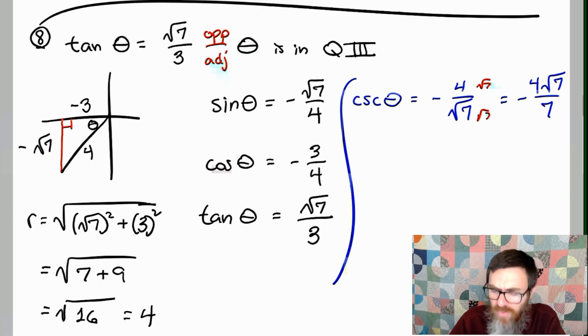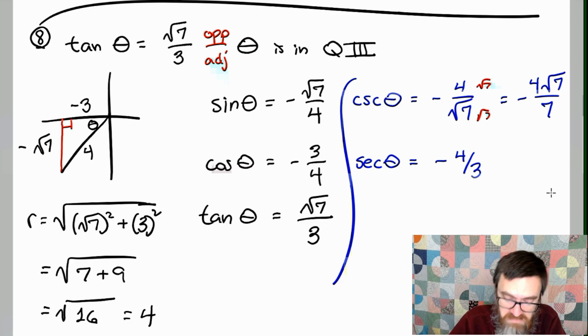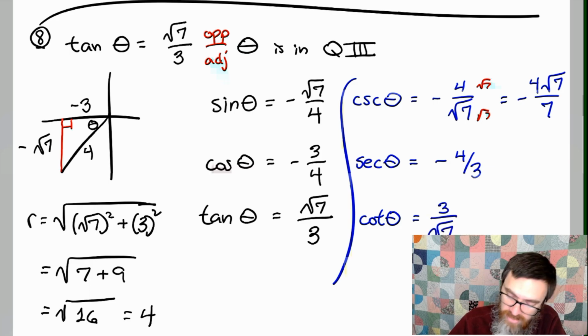So again, got to practice rationalizing these guys. The reciprocal of cosine is secant, so do the reciprocal, and that is, oh, that's nice, negative 4/3. Cool. Cotangent is the reciprocal of tangent, 3 over the square root of 7.